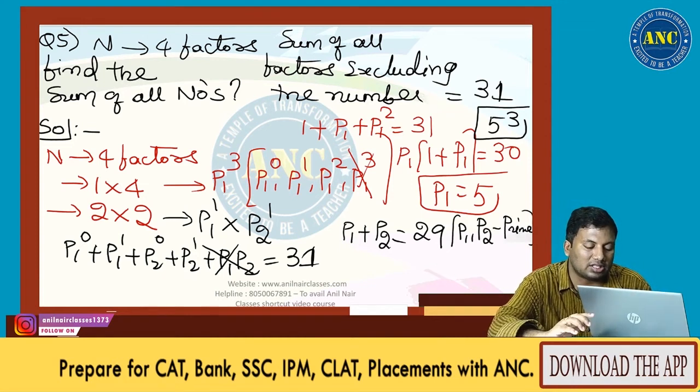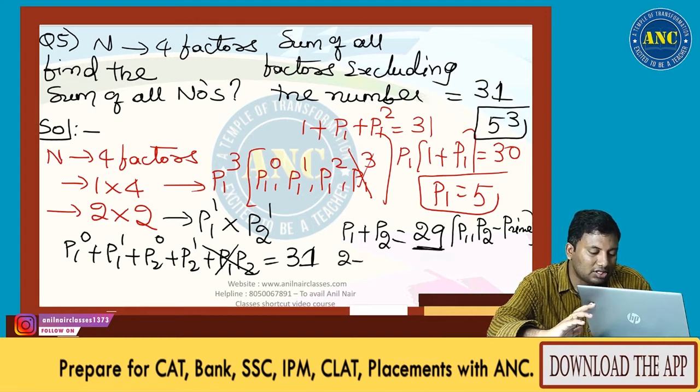So which cases are possible? 2 plus 27 not possible. 3 plus 26 not possible. 5 plus 24 not possible. 7 plus 22 not possible. 11 plus 18 not possible. 13 plus 16. I think P1 plus P2 is 29.